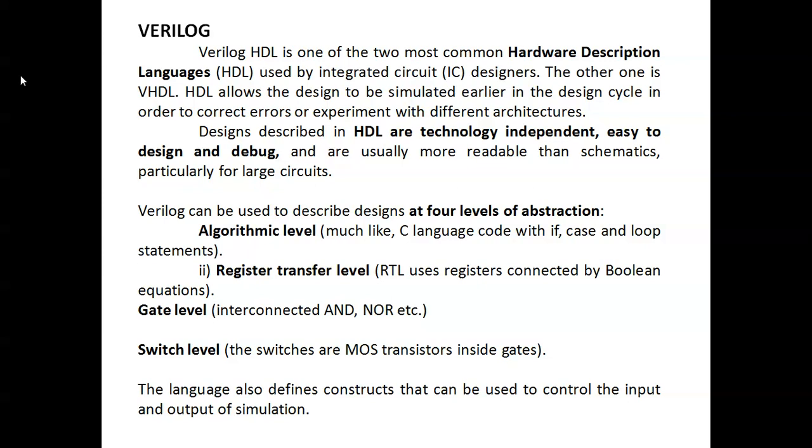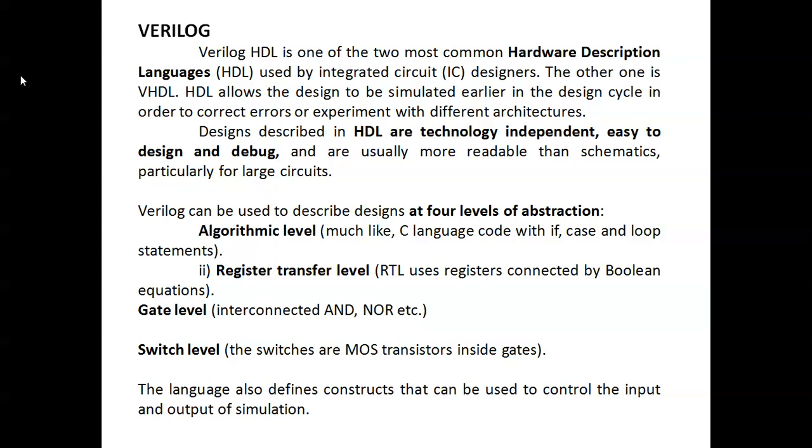It has four levels of abstraction. One is algorithmic level, another one is register transfer level, third one is gate level, and fourth one is switch level.